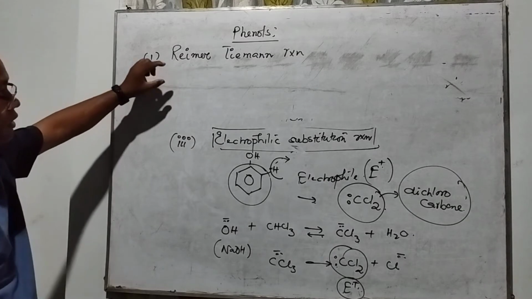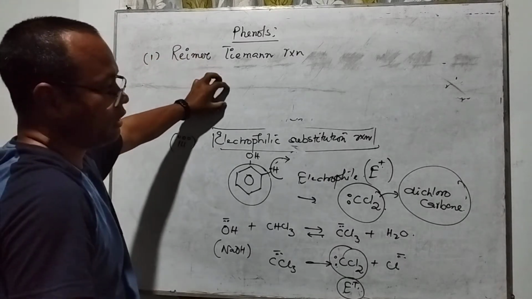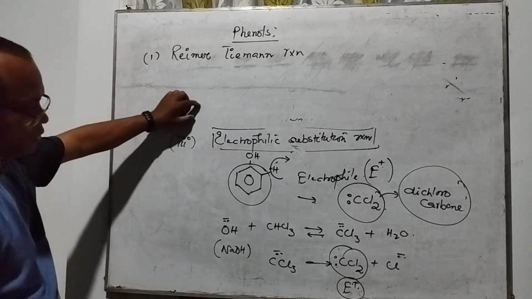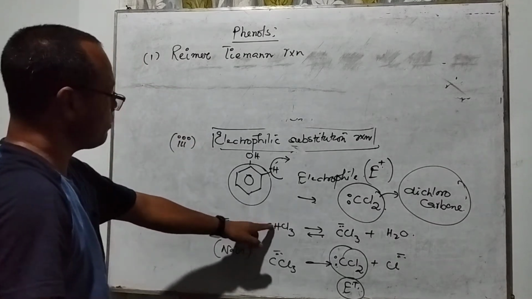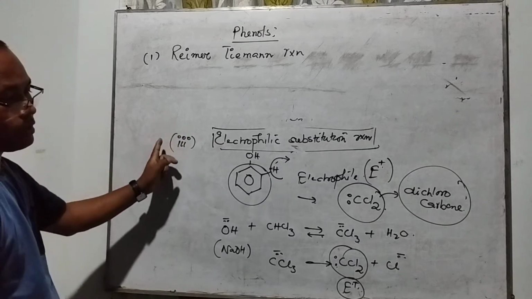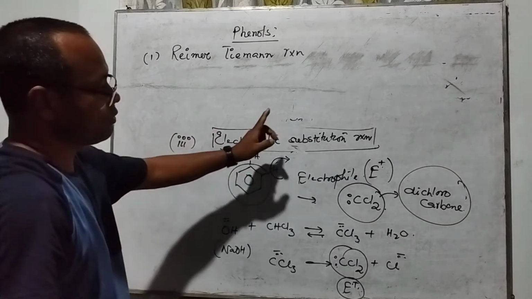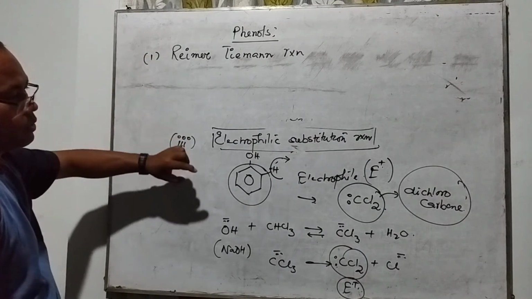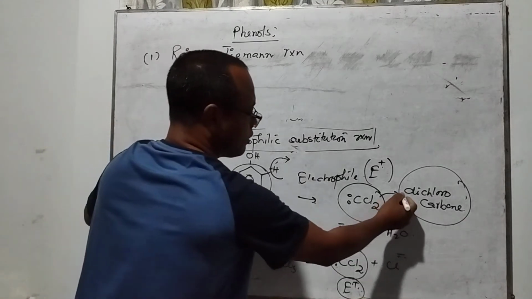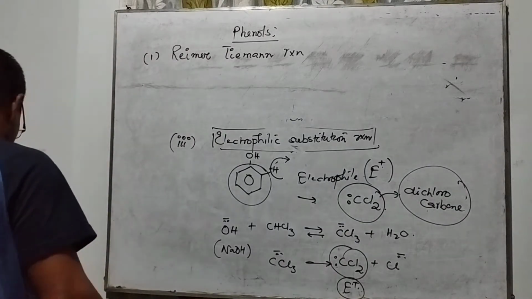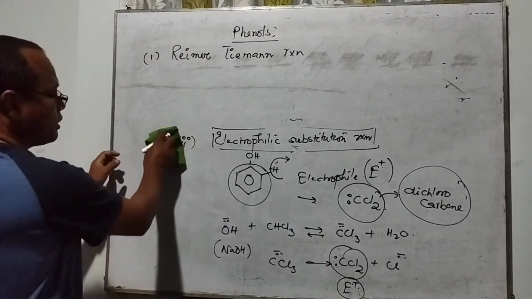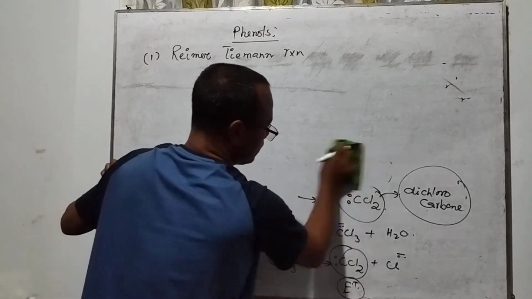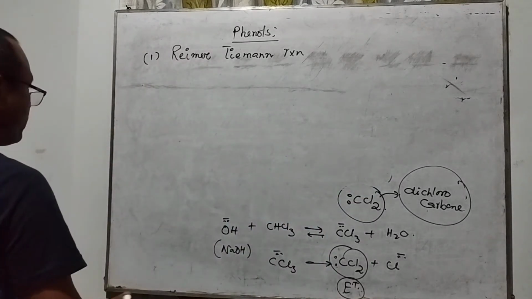I already mentioned: this is the conversion of phenol into salicylaldehyde, the reagents used are sodium hydroxide and chloroform, the mechanism followed is electrophilic substitution, and the electrophile is dichlorocarbene, right? Now how is the reaction written? You can see it in your book also.